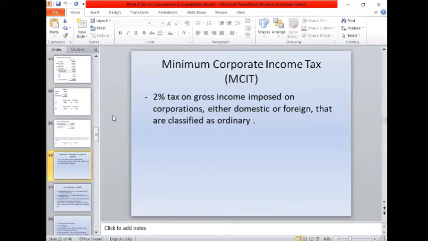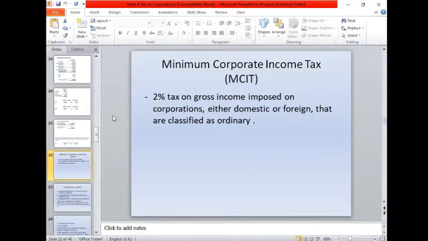The minimum corporate income tax is 2% of the gross income that shall also be applied for the corporate income tax. So this is also used as part of the ordinary, or the basic or normal, tax to corporations.